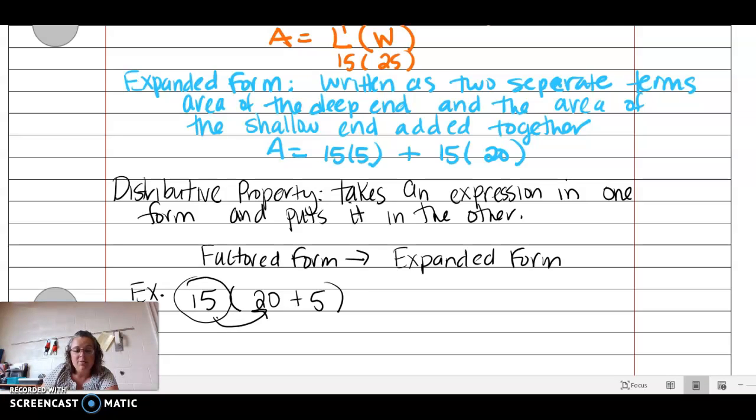We had the 15 times the 20 and the 15 times the 5. And then when we got done there, we just added them together. So we went from factored to expanded by multiplying. I kind of think about this as like the 15 has to get multiplied to every single term inside the grouping symbol. So if there's 3 things inside the grouping symbol, 15 has to be multiplied 3 times.